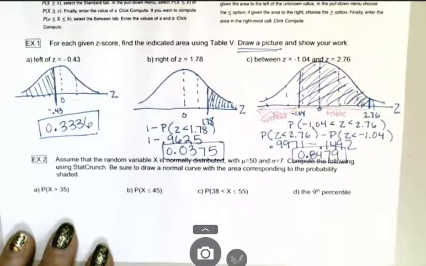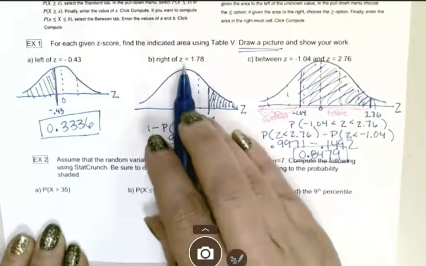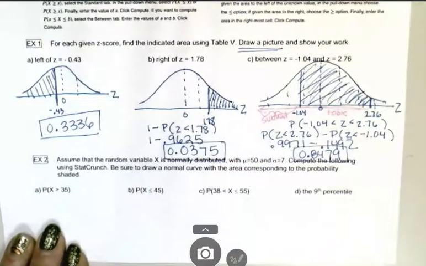It is important that you know how to deal with it when we switch from a random variable of z to a random variable of x, which is what we have done here. So assume that the random variable x is normally distributed with mean equals 50 and standard deviation equals 7. So this is no longer standard normal.